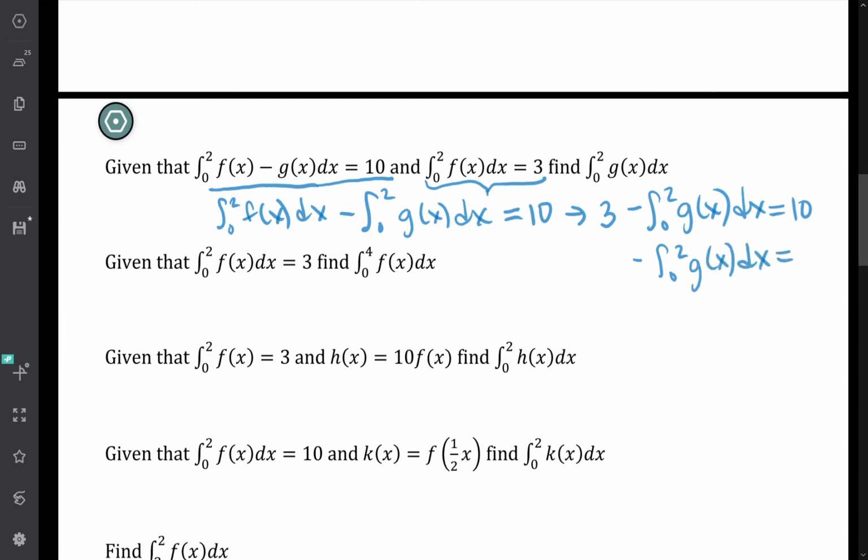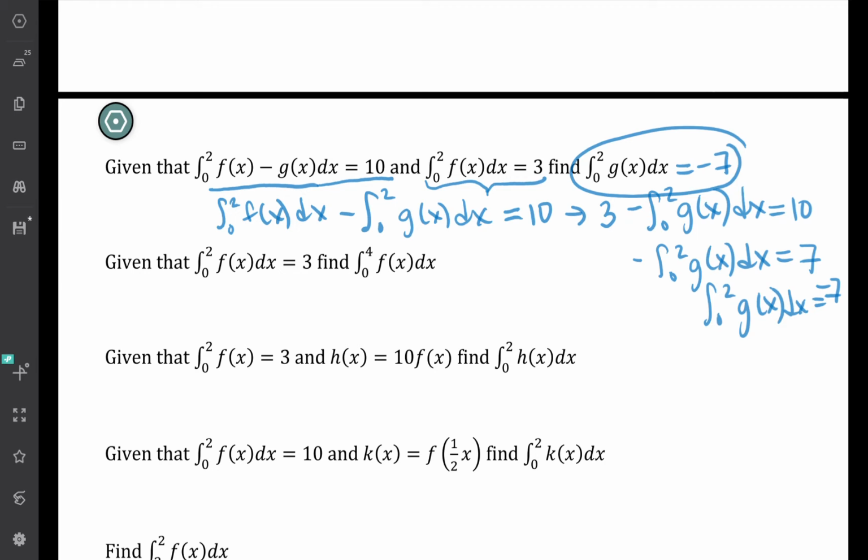We can subtract 3 off of both sides and get 7, which is going to tell us that the integral from 0 to 2 of g of x dx is negative 7. So answer here, negative 7. Okay, again, I think a lot of people can just look at that one and shout out that the answer is negative 7, but please really think about how you can write out a couple of steps that use your properties and show me this.